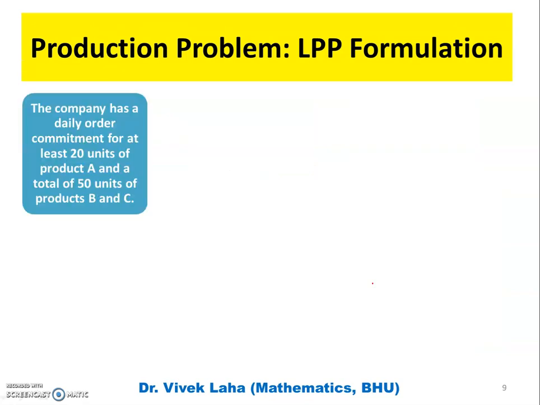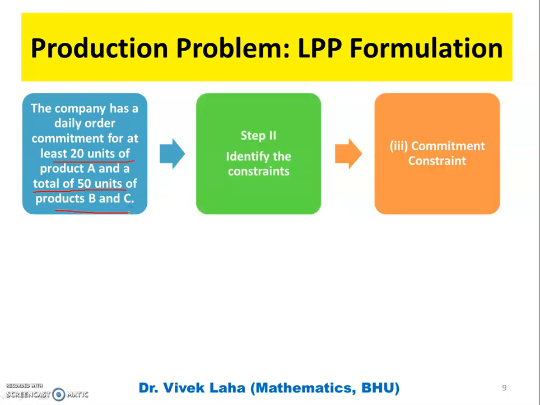Now the company has a daily order commitment for at least 20 units of product A and a total of 50 units of products B and C put together. Again, this is a constraint, and we call it the commitment constraint.